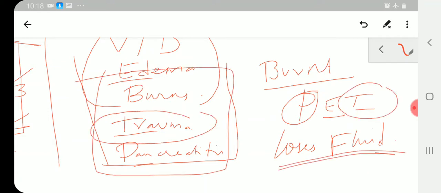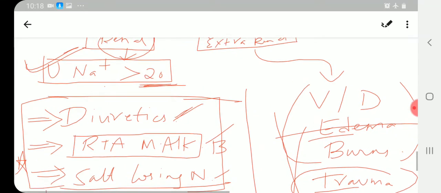Loses fluid: how will a person lose fluid? Through vomiting or diarrhea. I hope this mnemonic will be helpful for remembering the renal and extra-renal losses.